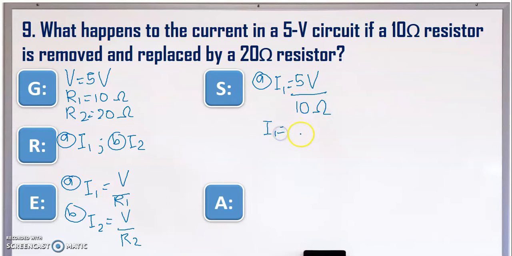By dividing these two, the initial current's value is 0.5 ampere. For the final current, we just have to divide 5 volts by the value of the second resistance, which is 20 ohms.